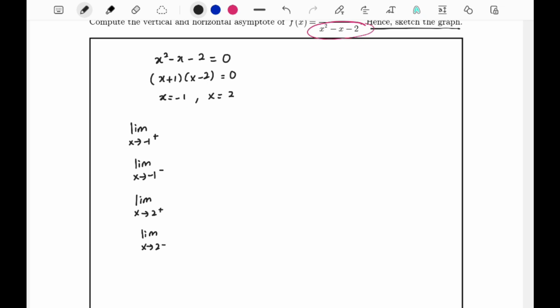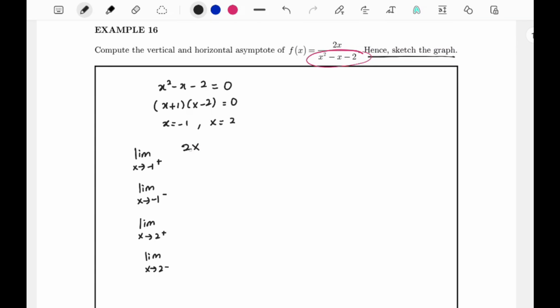And the function is going to be the same, which is 2x over x squared minus x minus 2. When we substitute -1 from the right, you're going to get constant over 0. Okay, so when you substitute -1, you're going to get constant over 0.